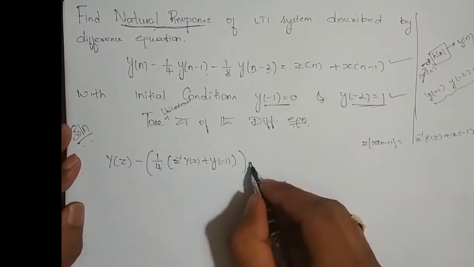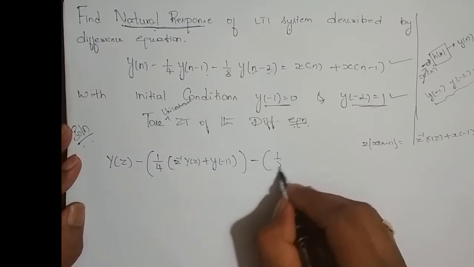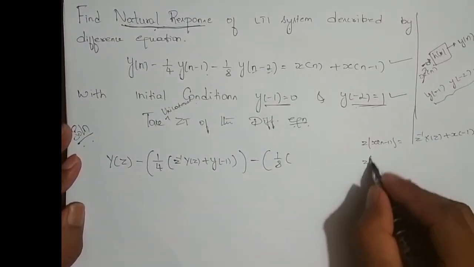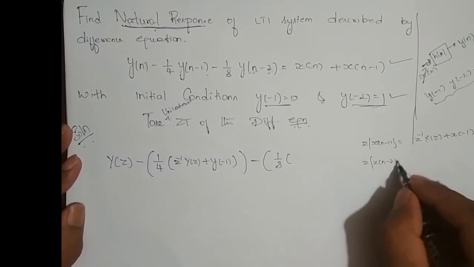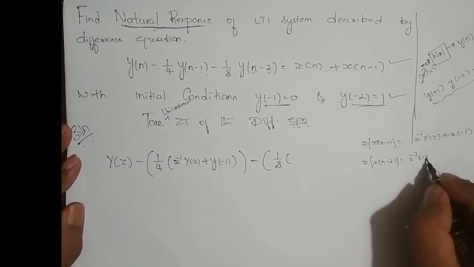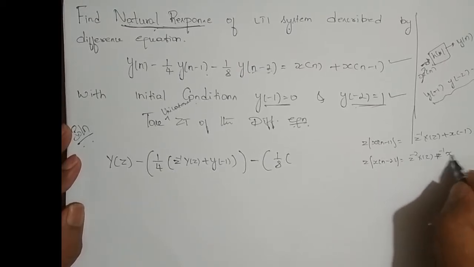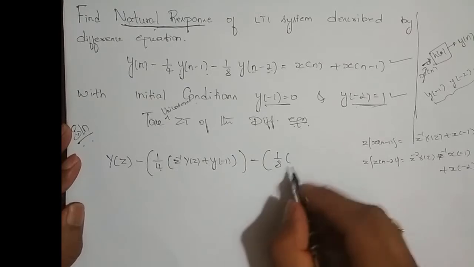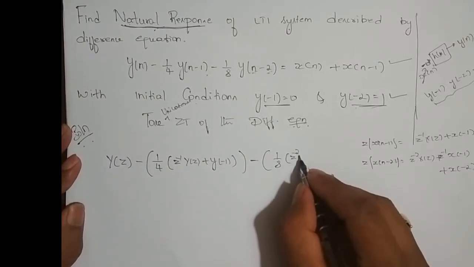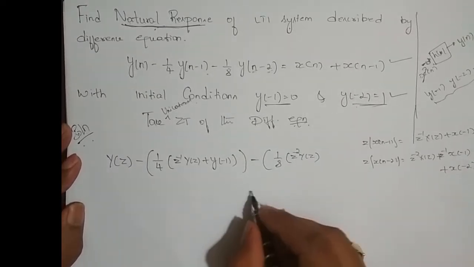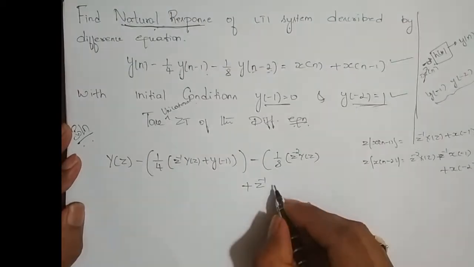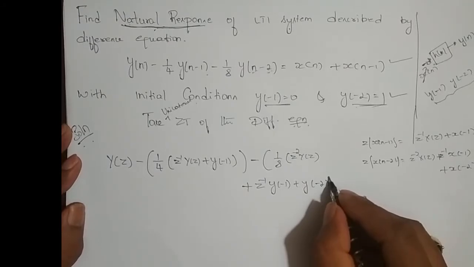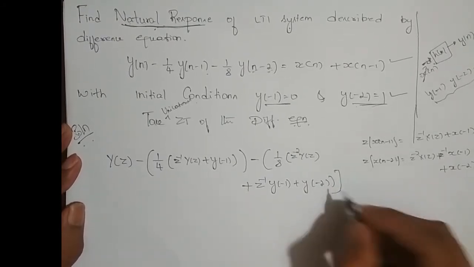Minus 1 by 8 into the unilateral Z transform of y of n minus 2. The Z transform of x of n minus 2 is z power -2 x of z plus z power -1 x of -1 plus x of -2. So it is z power -2 y of z plus z power -1 y of -1 plus y of -2.